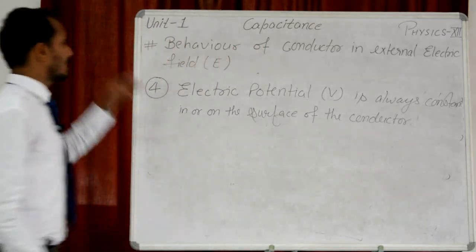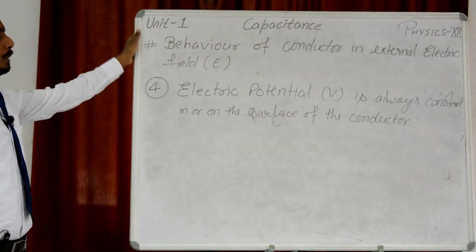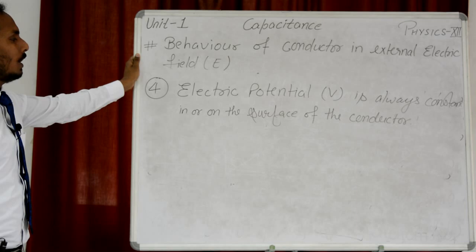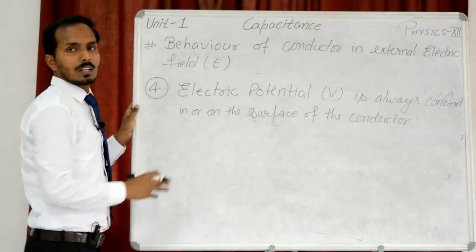This is one of the important properties. Focus on it. Electric potential is always constant in or on the surface of the conductor.